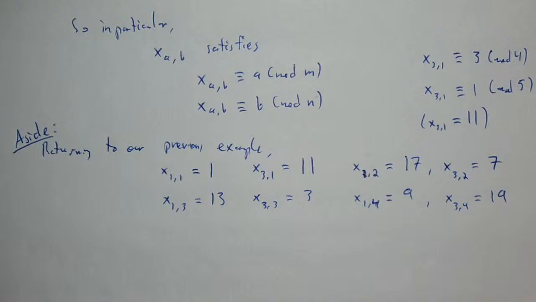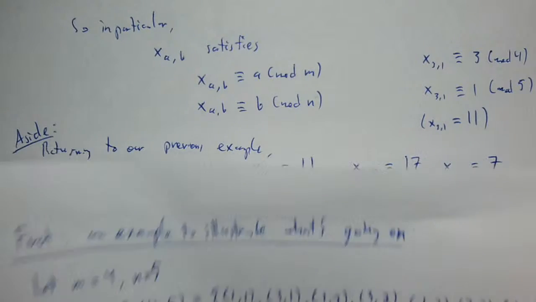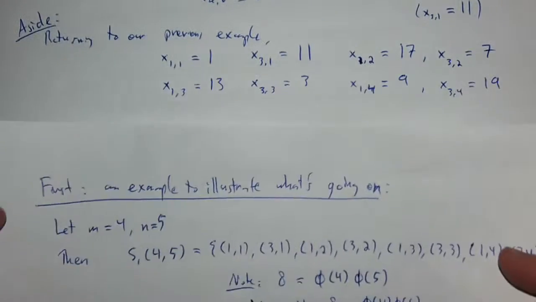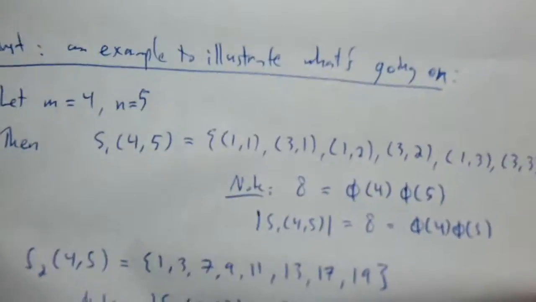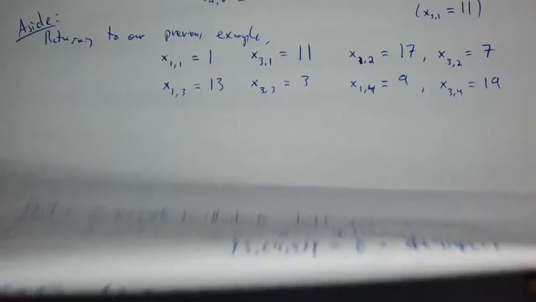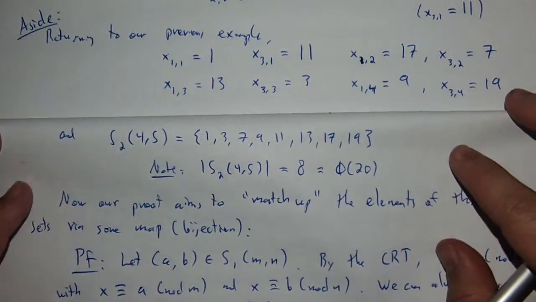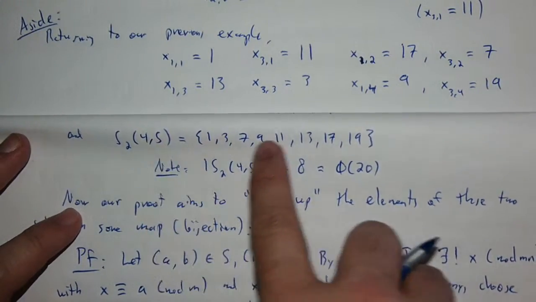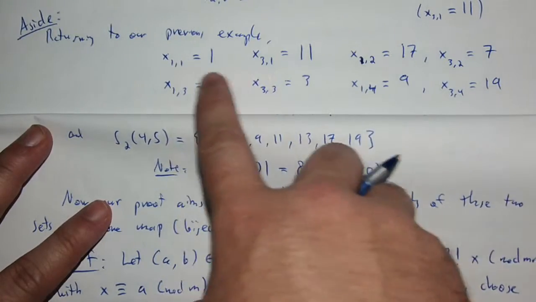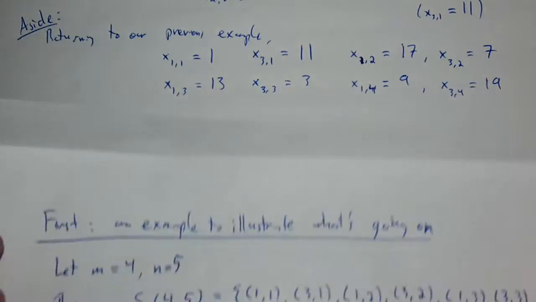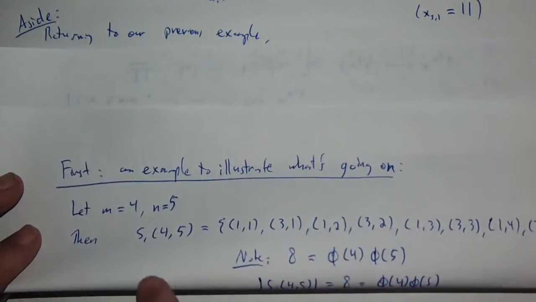So what is this? Well, again, looking back at my example, this associates to each ordered pair in S sub 1 a thing in S sub 2.